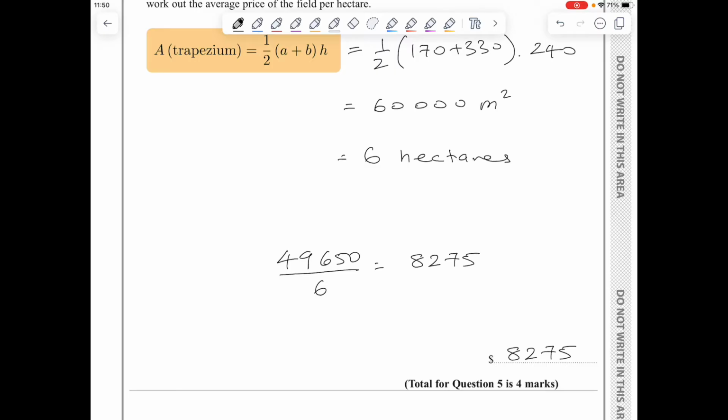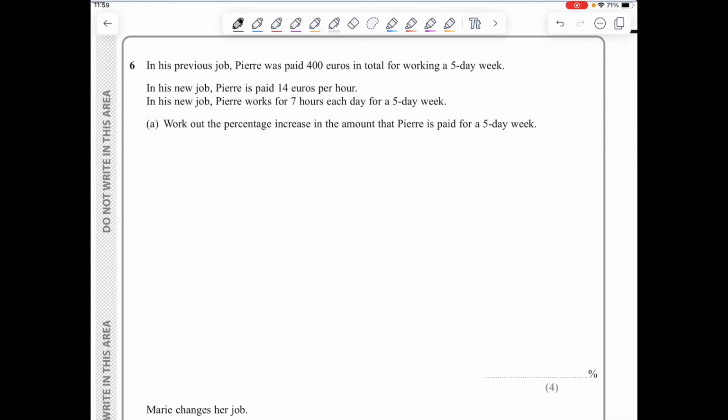For question 6, I'll start by finding the salary for the new job. Now this is equal to 14 times 7 hours times 5 days a week, which is 490 euros.